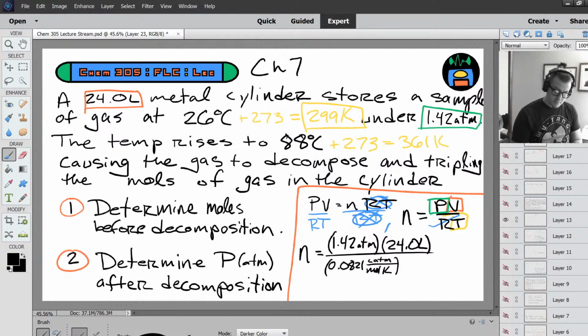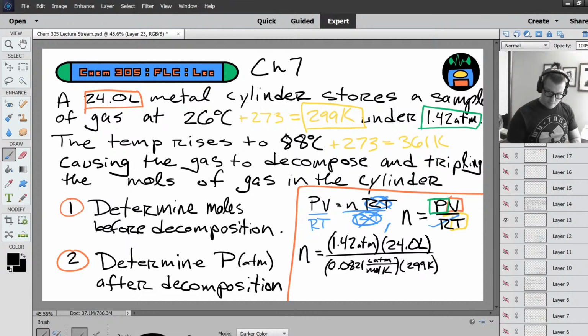Followed by temperature, and this is where you've got to be careful, grab the right one. Before the decomposition, the temperature was 299 Kelvin. All right. 1.42 times 24 divided by 0.0821 divided by 299.